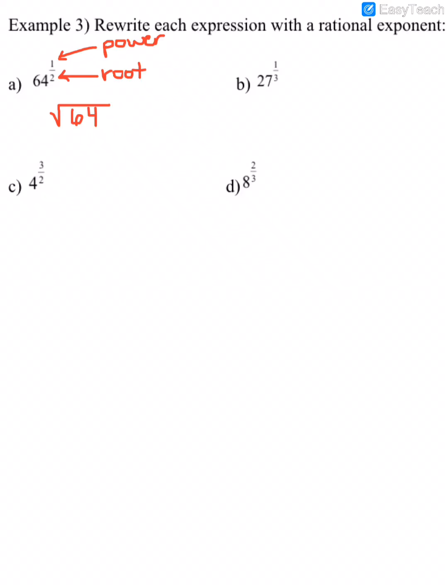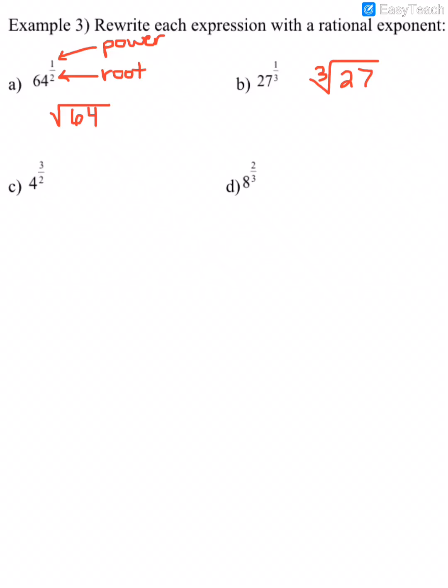For b, we have 27 to the 1/3 power. So instead of a square root, that would be a cube root of 27. Now for c, this is 4 to the 3/2 power.